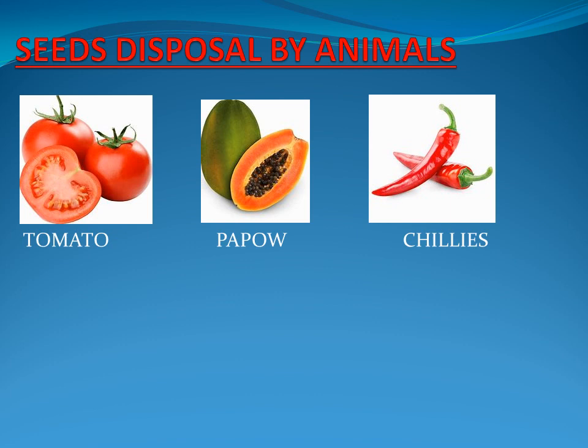Papaya is also like that. We throw the seeds away and they make new plants, and chilies are like that too. We can make new plants by dispersal by animals.